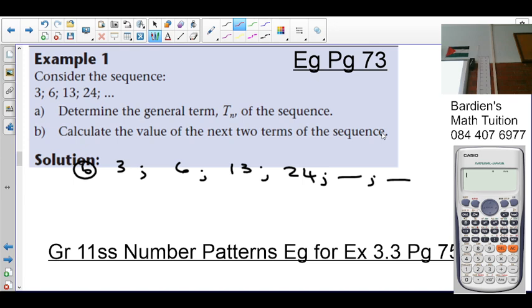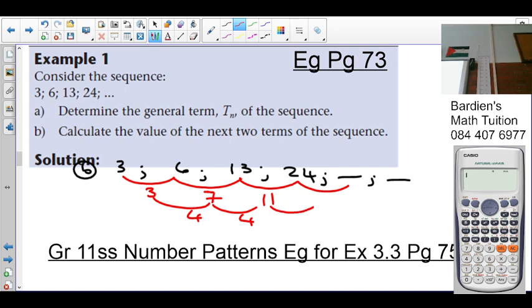So how do I move from term 1 to term 2? You're adding 4. 3, 7, 11. So I'm adding 4, so I must add 4 again. Then I must add 4 again.